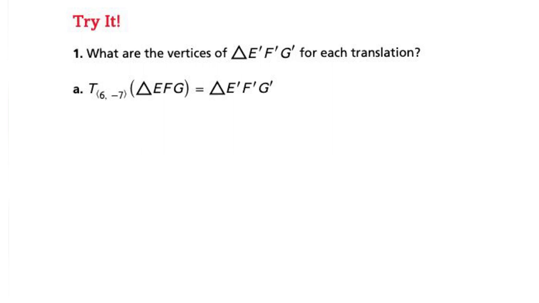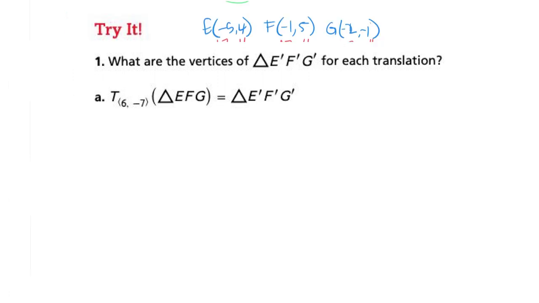We're going to use the same picture that we used before, so you're going to use those same points. I've written them right up here. You're going to figure out what the new vertices are if your rule is -6, -7. So go ahead and try that on your own, and I will see you in a second.